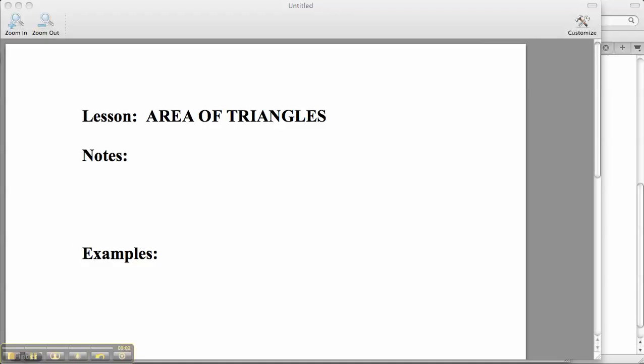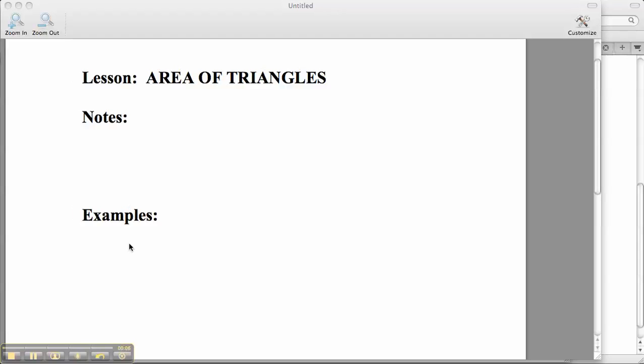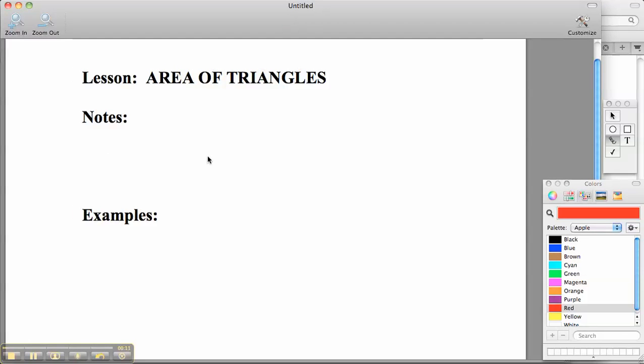Okay, now we're going to move on to doing a lesson on triangles and the area of triangles. Now you remember area of rectangles was base times height, but area of triangles is, do you remember it? 1/2 base times height.